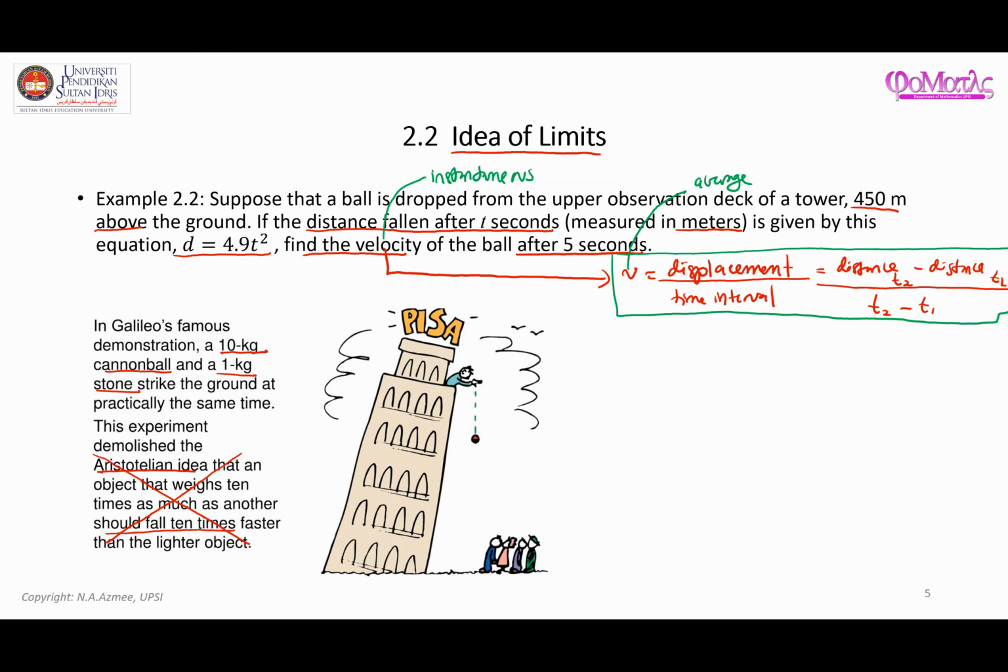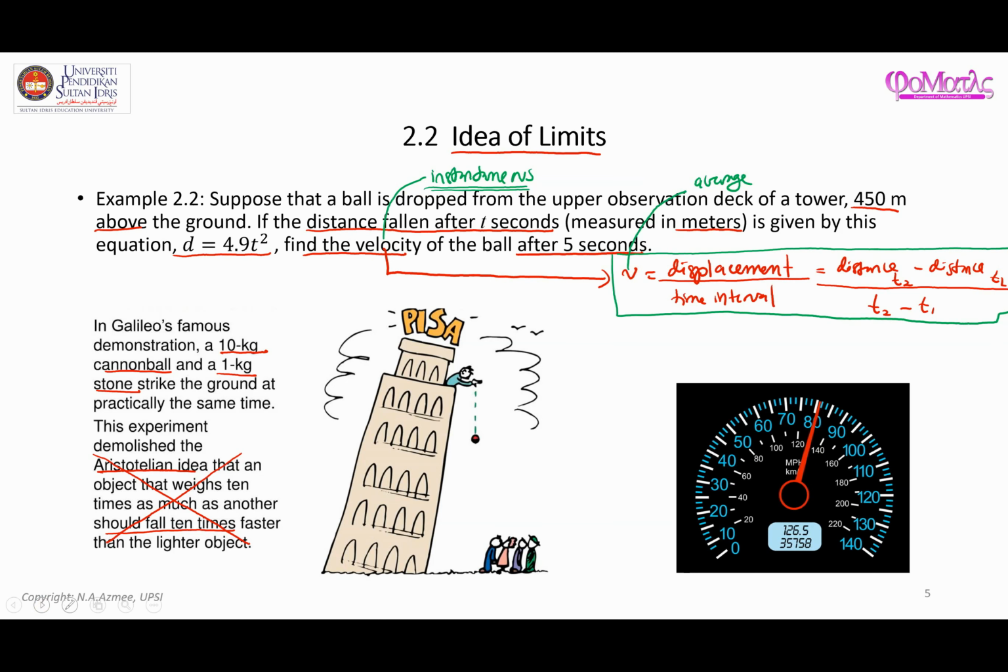Let me talk a little bit more about instantaneous velocity. What is instantaneous velocity? As an example, a speedometer is a tool that can help you find the instantaneous velocity of the car that you're driving. Imagine you are driving a car and somebody asks you to find the velocity of the car after 5 seconds.